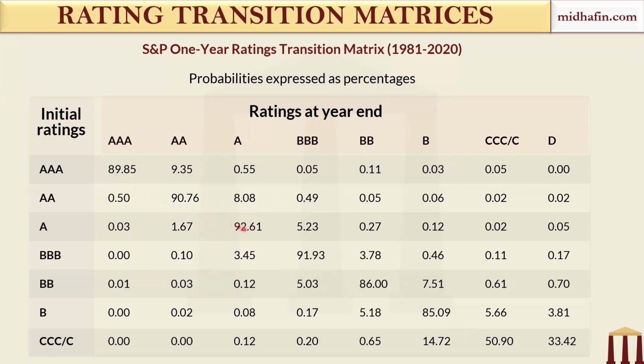But even in these diagonal elements, as you are moving towards speculative grade, the probability of maintaining the same rating for these triple C rated bonds is much lower as compared to the probability of maintaining the same rating for an A rated bond.